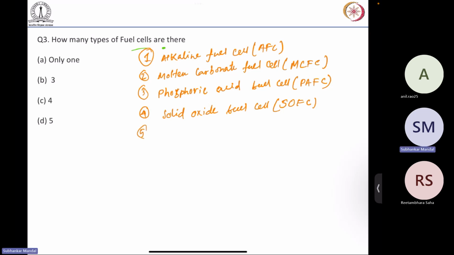Number 5, proton exchange membrane fuel cell.